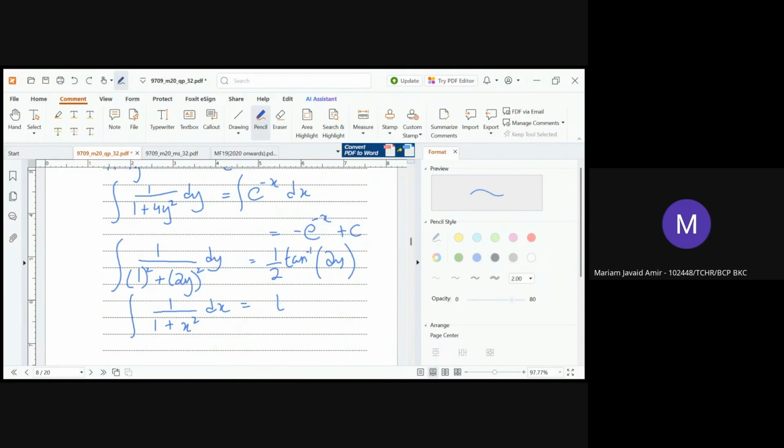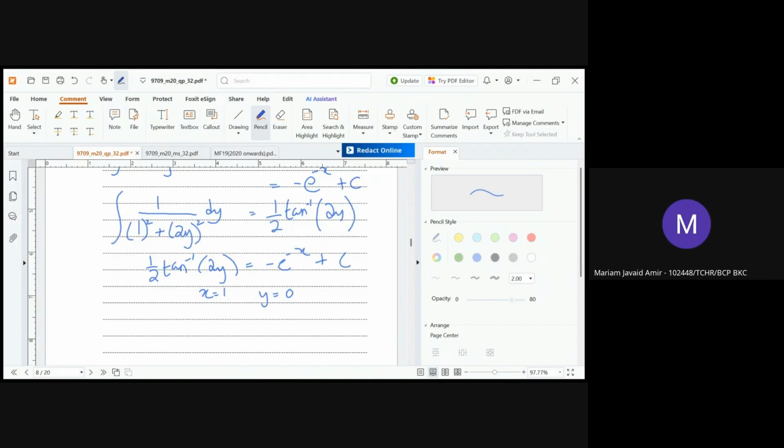Okay, so now I'm going to rewrite it as half tan inverse 2y equals minus e power minus x plus c. Now we need to find the value of c. We know x is 1 and y is 0. So tan inverse 0 will just be 0.